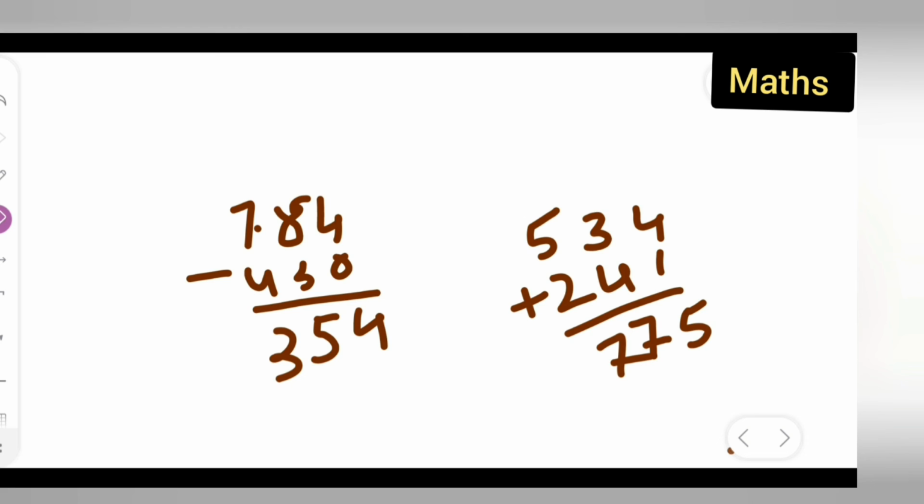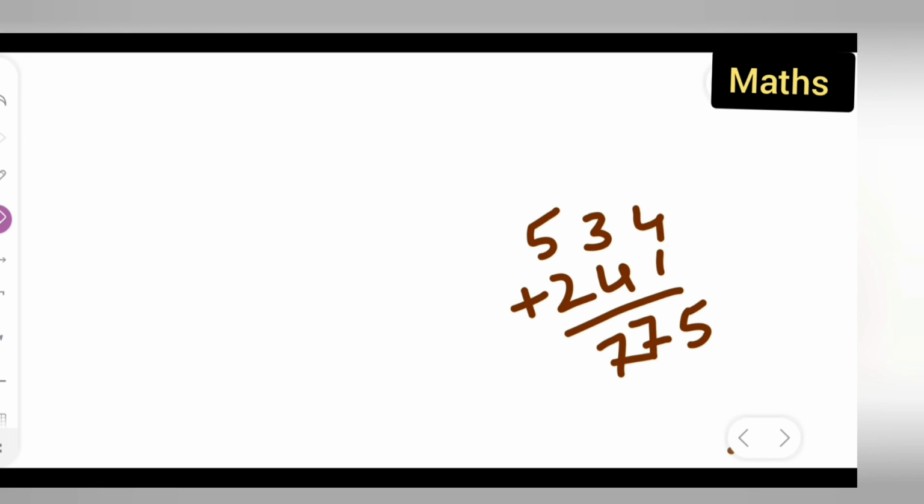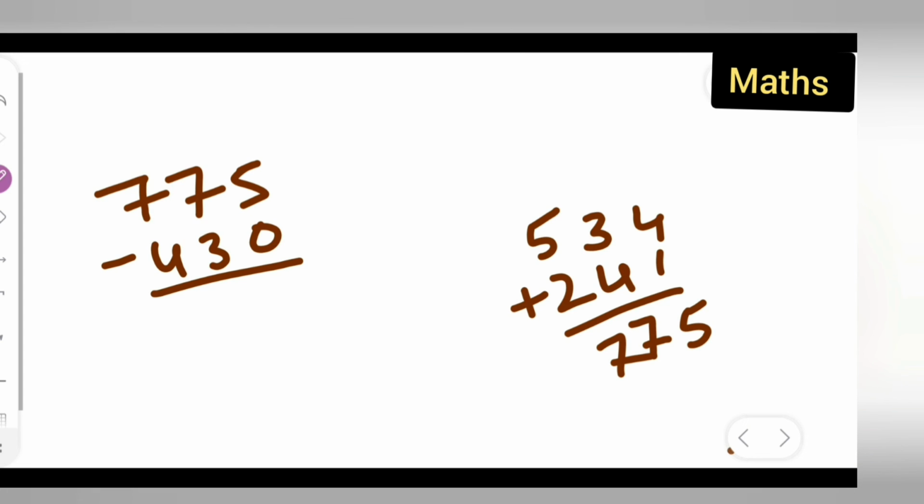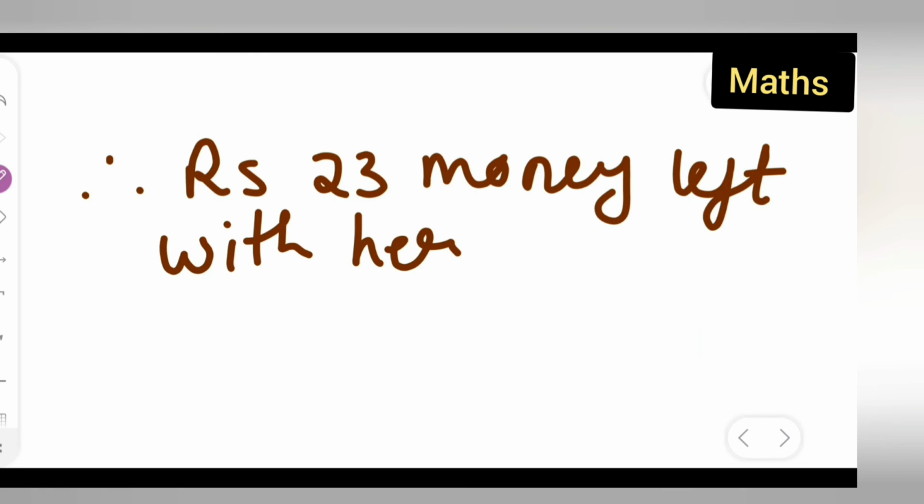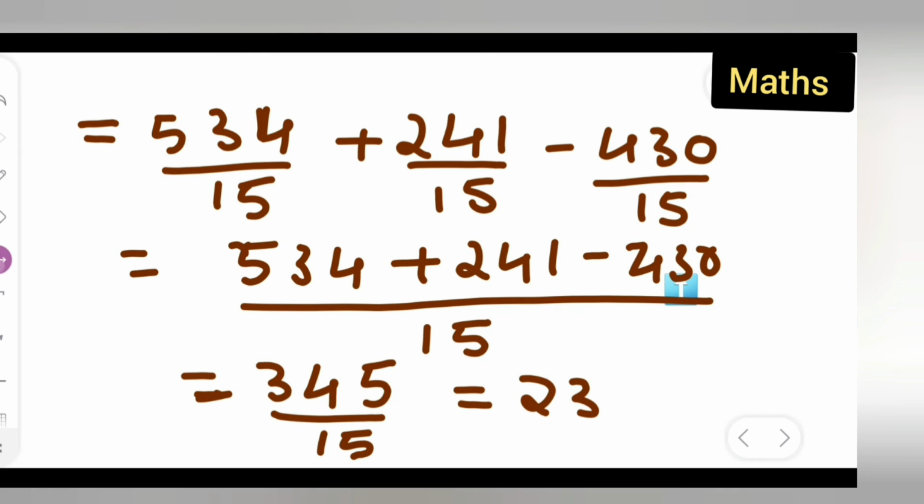It is 775. Now subtract 430 from 775. 5 minus 0 is 5, 7 minus 3 is 4, and 7 minus 4 is 3. So 345. So are we getting 345 upon 15? Yes.